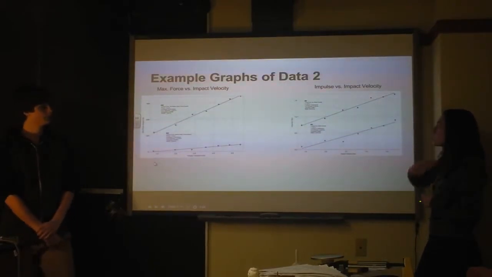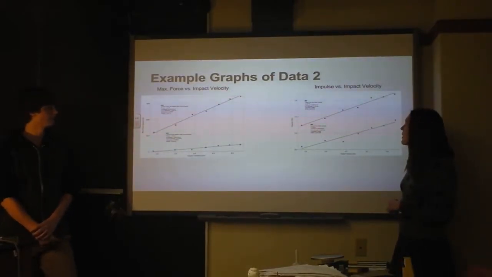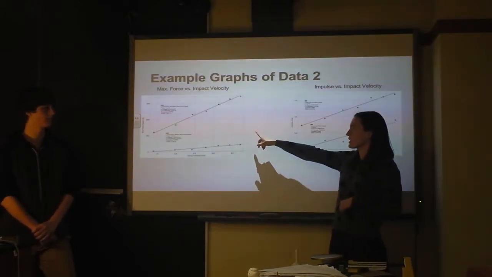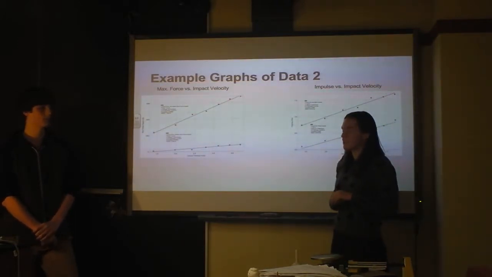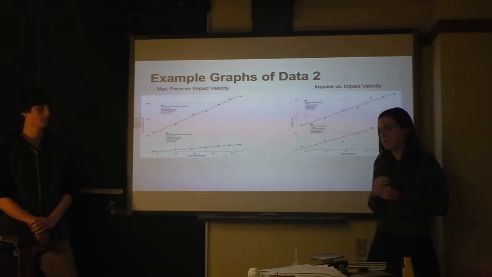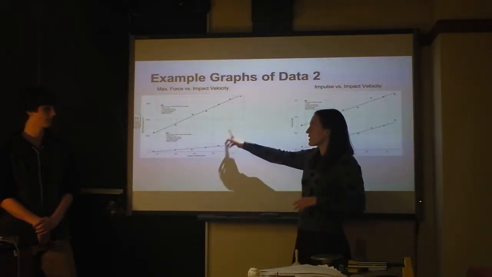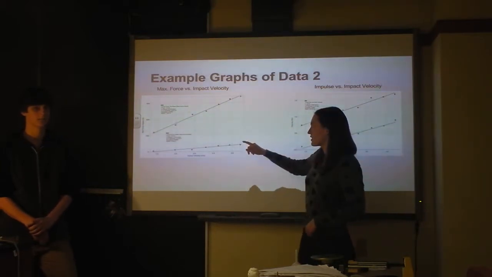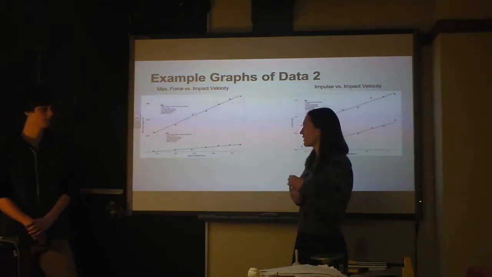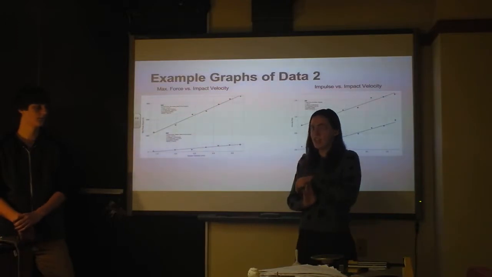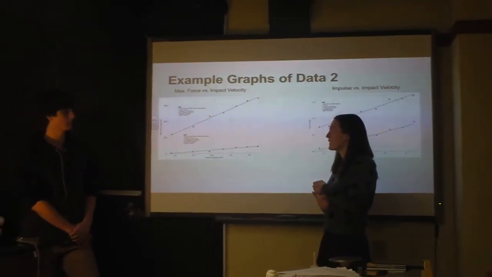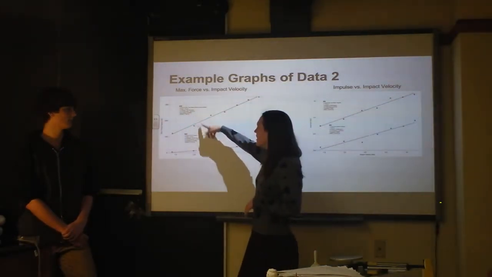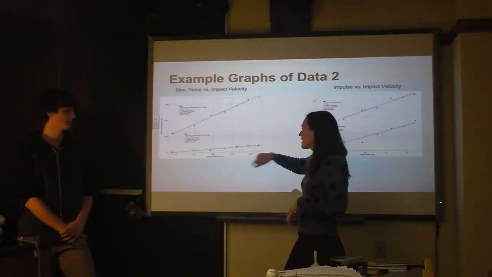First we made a graph of max force versus impact velocity to try to see if there's a correlation. The slope of this graph doesn't really have a real meaning, but we're trying to see if there was a linear or nonlinear correlation, and it's pretty linear. The correlation on this one is like 99, and this one is 96.